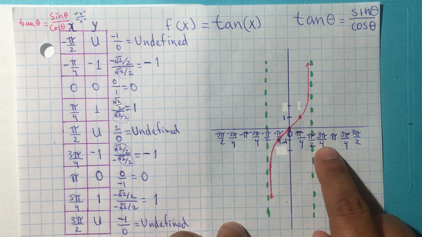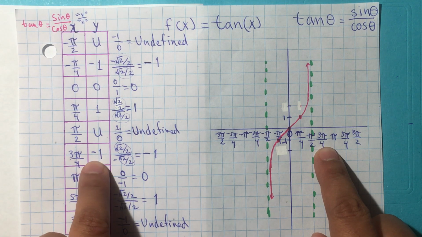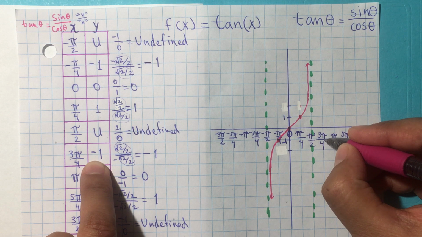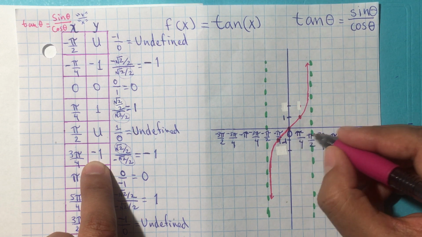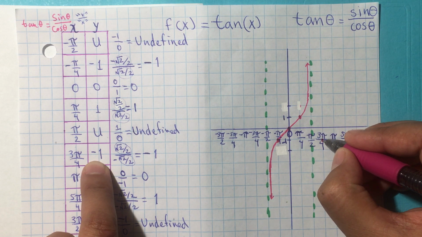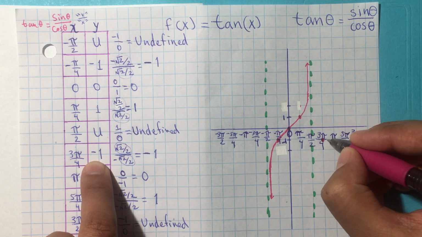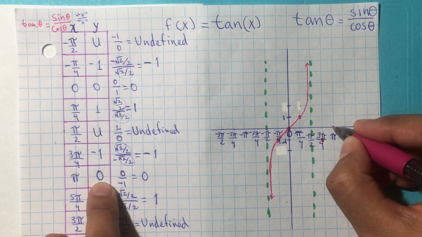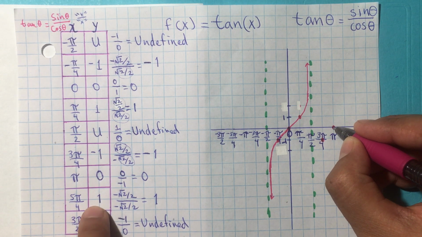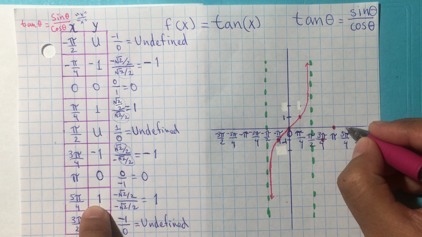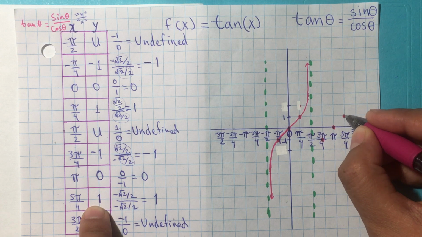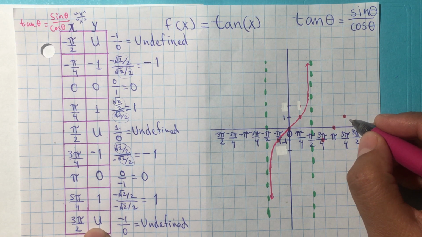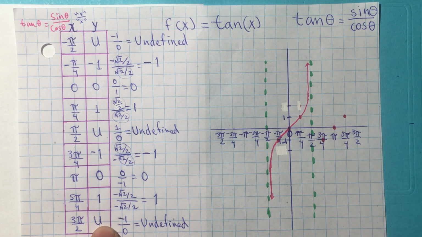Now you have 3/4 of pi. 3/4 of pi is -1. It's right here, right? So 3/4 of pi and -1 for y, it's right there. And then you have pi is 0. 5/4 of pi is +1. And 3 pi over 2, or 3/2 of pi, is undefined again.